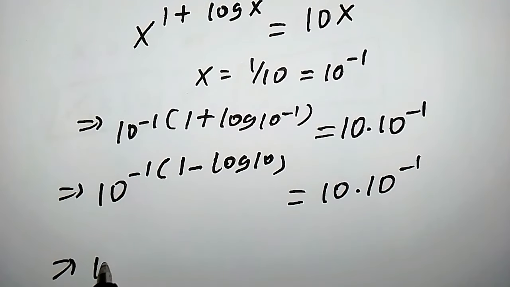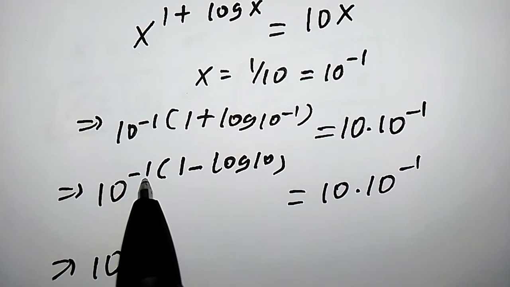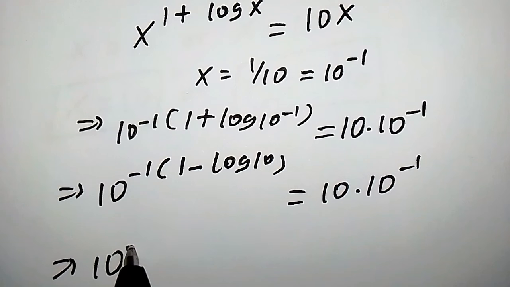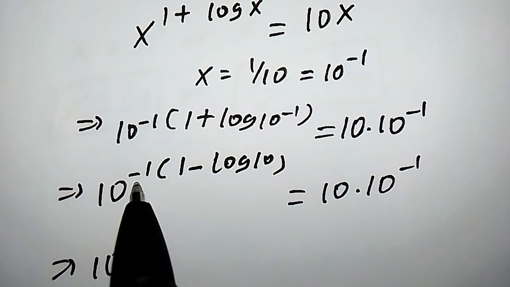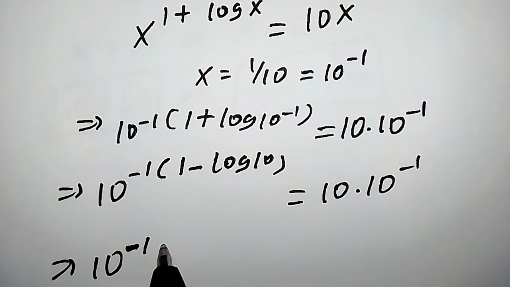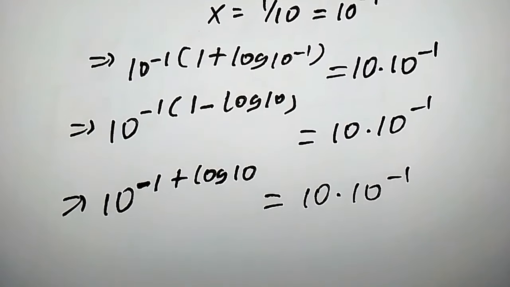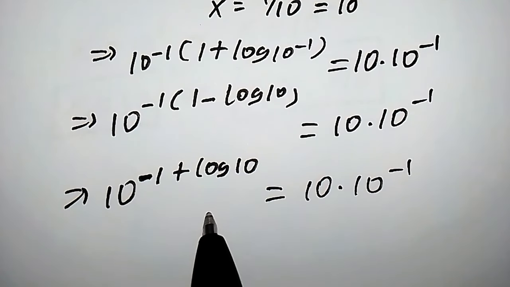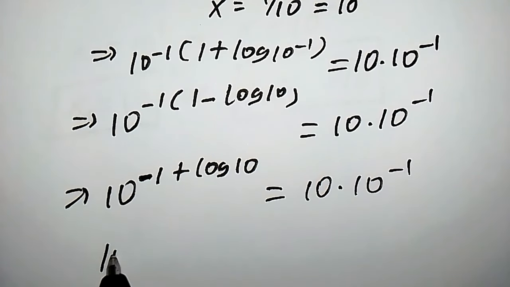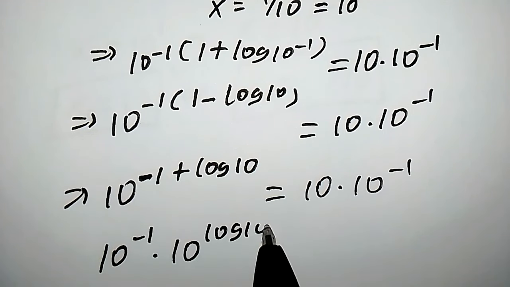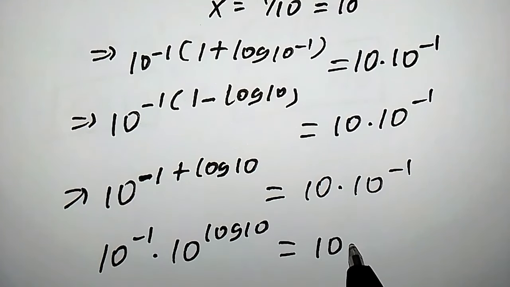This means that we have 10 raised to the power of minus 1 times 1, that is negative 1, and minus 1 times minus log 10, we have plus log 10. This equals 10 times 10 raised to negative 1. This left hand side could be written as 10 raised to negative 1 times 10 raised to log 10 equal to 10 times 10 raised to negative 1.